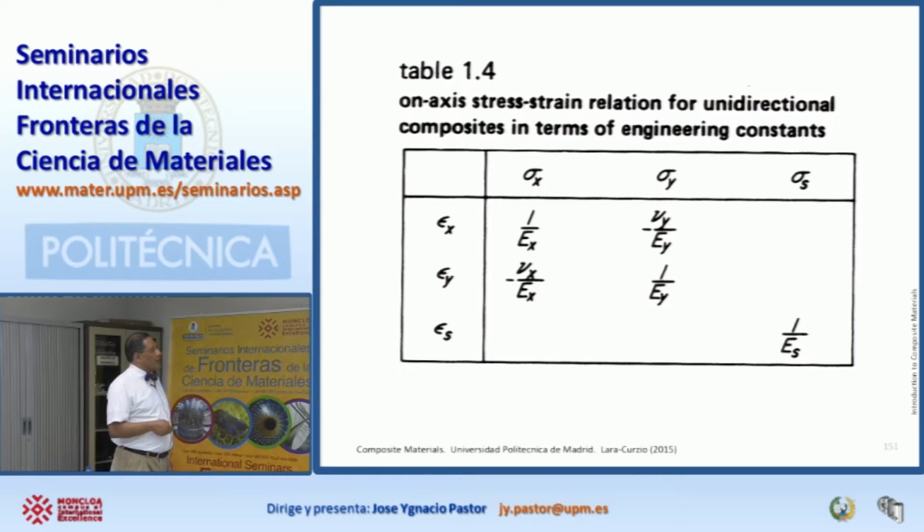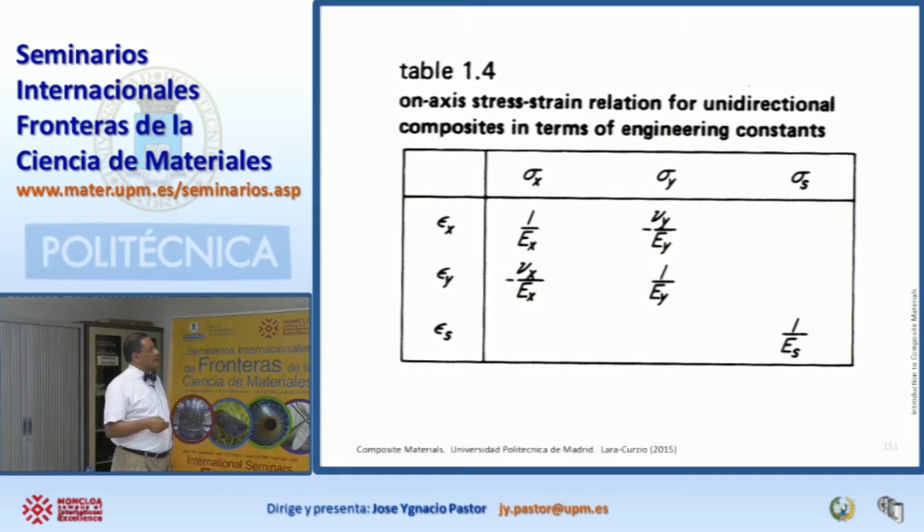So you can have a matrix type of arrangement where you have your strains in the x direction, y direction, and your shear strain. Here you have your stresses in the x direction, y direction, and your shear stress. And then the longitudinal strain is going to depend on the longitudinal stress and the transverse stress through these constants. Same thing with this one.